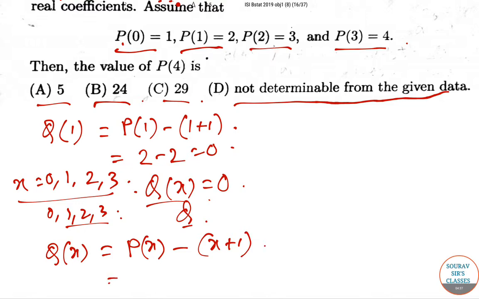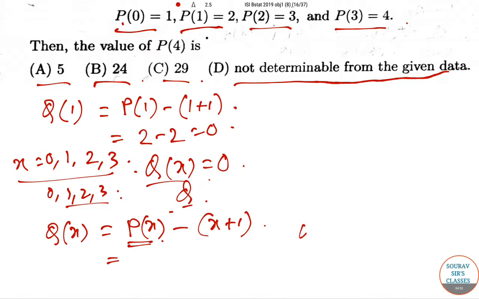Here also we have the highest degree of x same as the highest degree of x of P. So Q(x) is also a 4th degree polynomial.